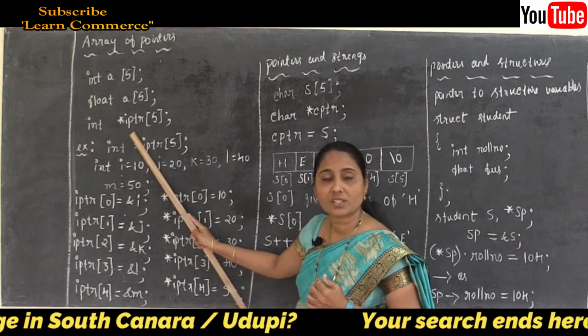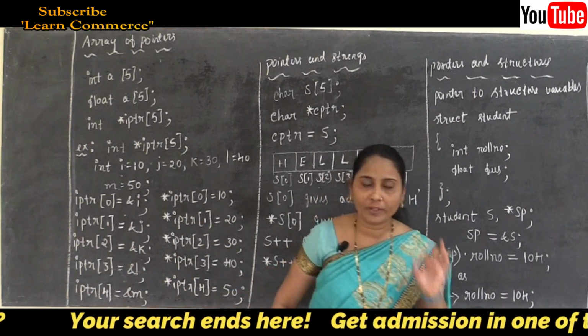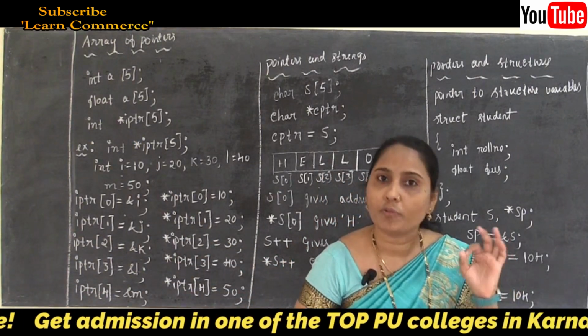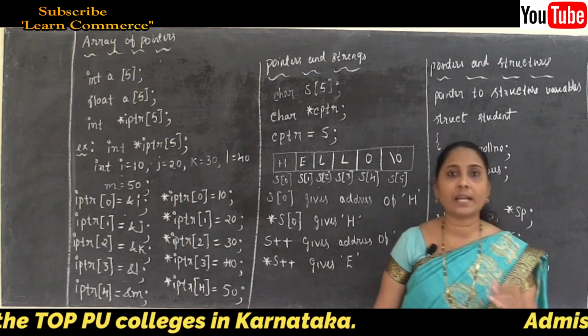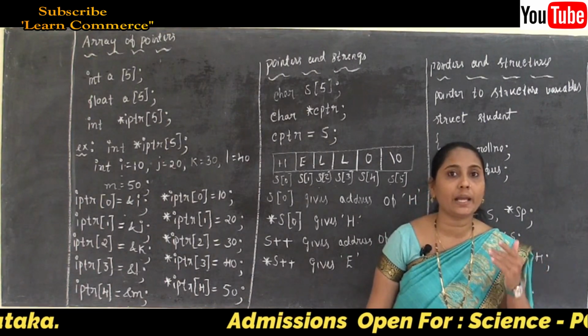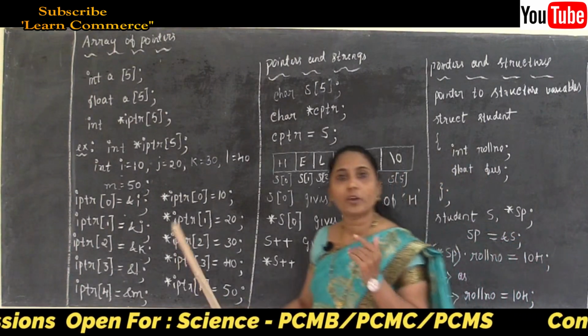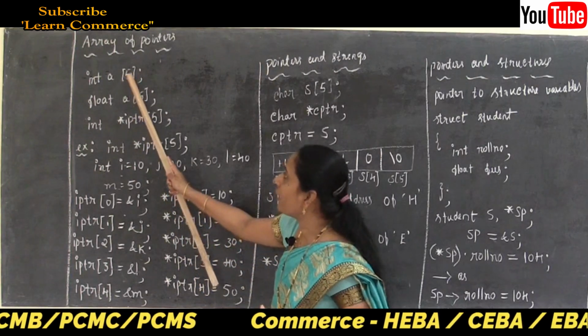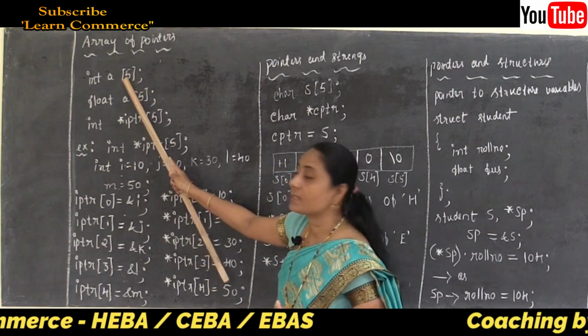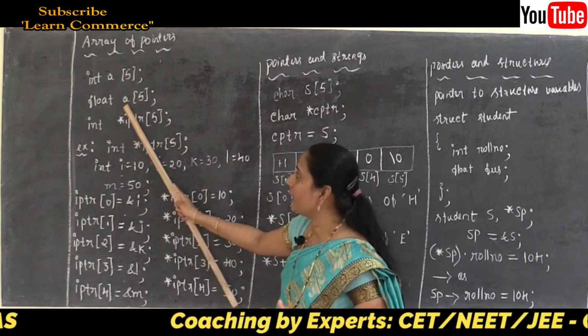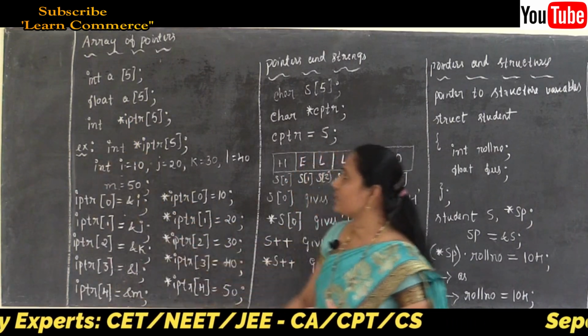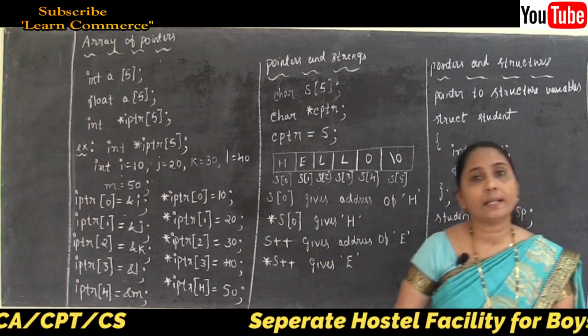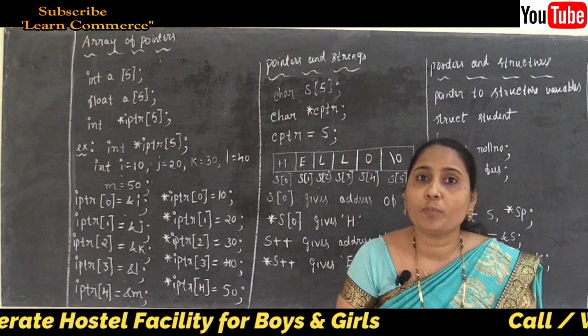What's the difference from an array of integers or an array of floats, and how do we declare an array of pointers? Here I have written the first, the array of integers, the array of floats, and the last example, the array of pointers.